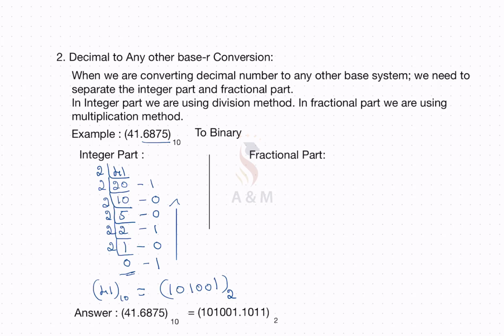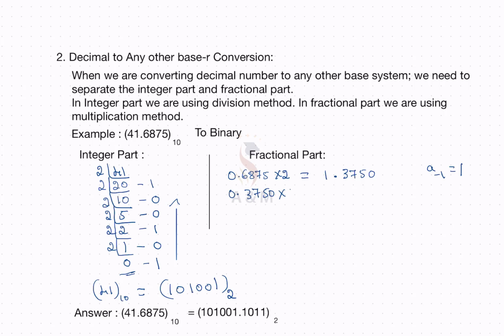That is, 0.6875 into 2 is equal to 1.3750. Here, separate the integer part and consider it as a coefficient, that is, a minus 1 is equal to 1.